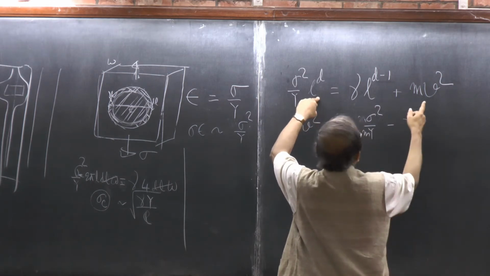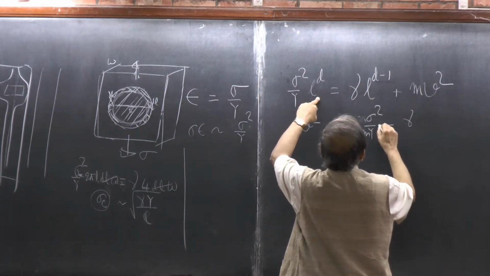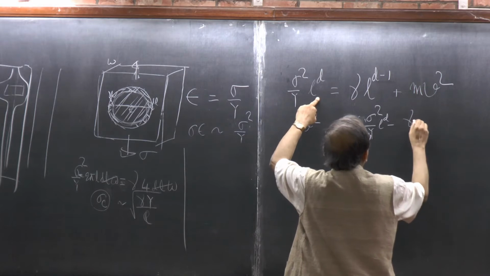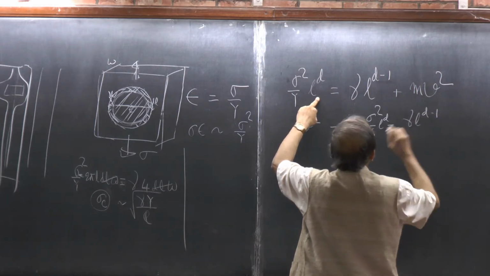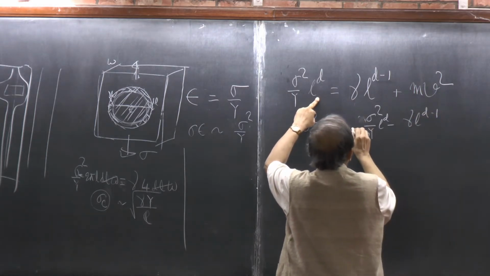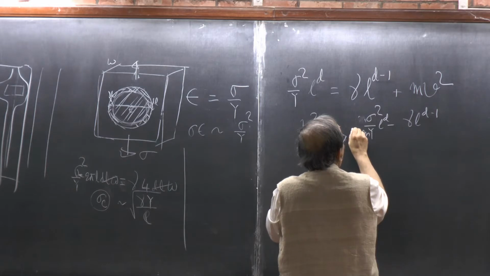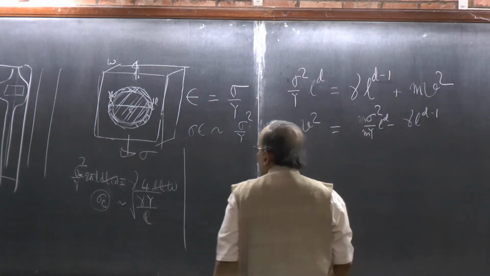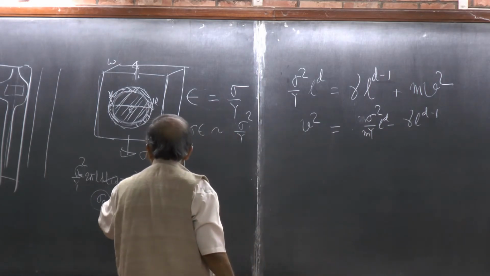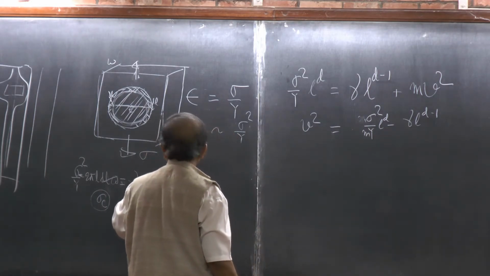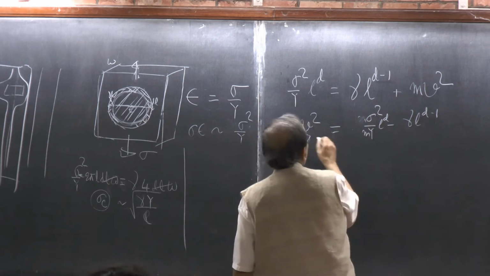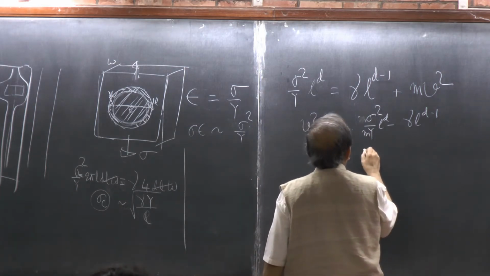I have taken this. Okay, L to the d remains, L to the d minus 1 remains. So sigma c is, okay, so I take something common.